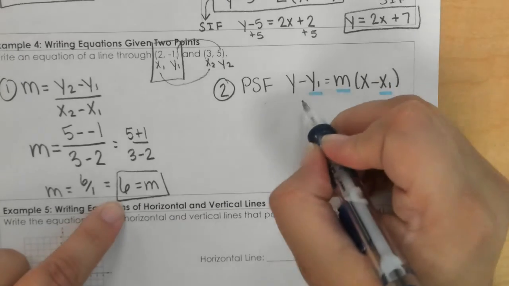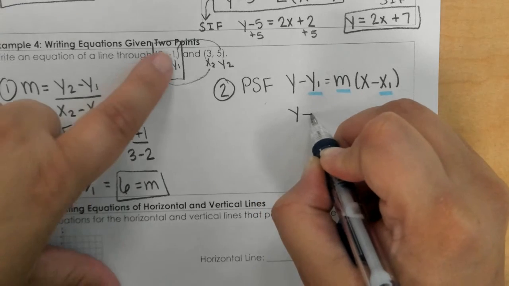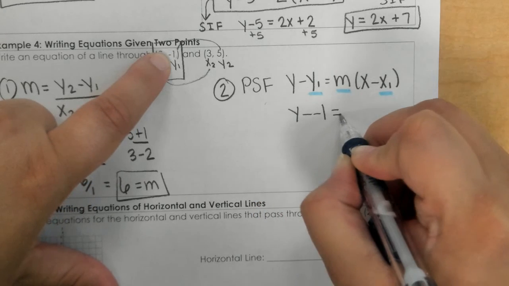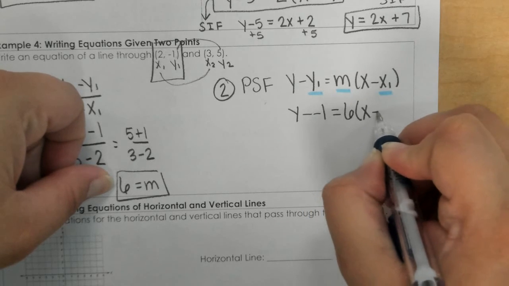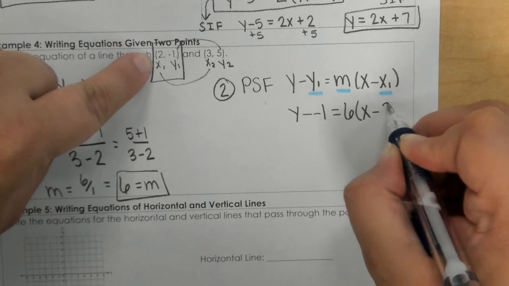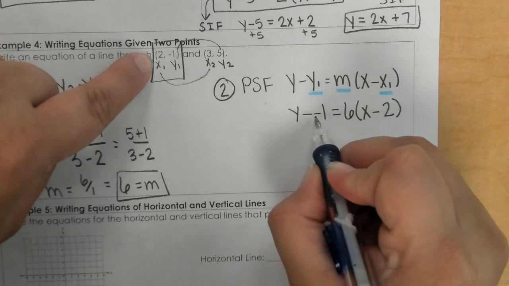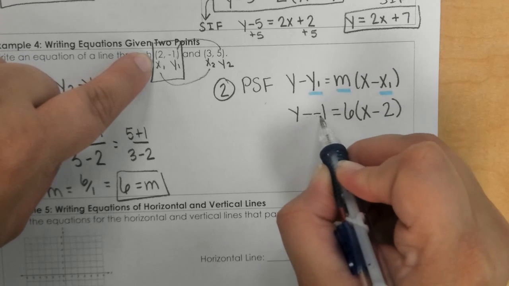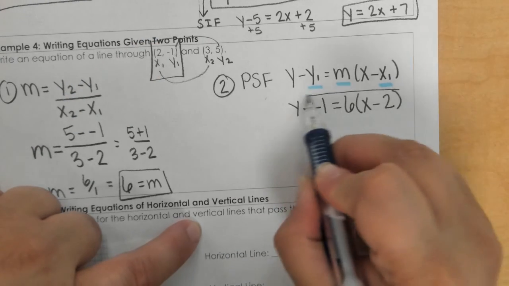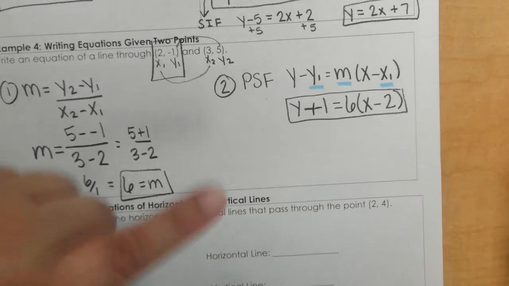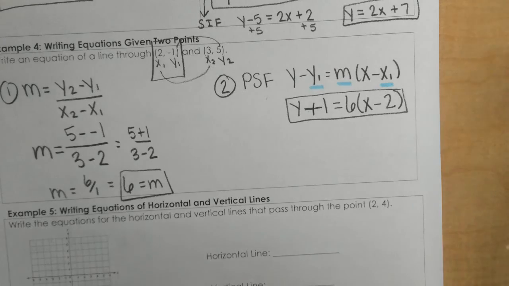So let's do that. We've got y minus, y1 is -1. Slope we found was 6. x minus x1 is 2. So I can change that to a positive. And I could leave it in point-slope form because the directions didn't say which way I wanted the equation in.